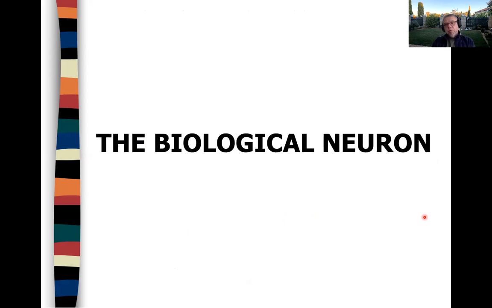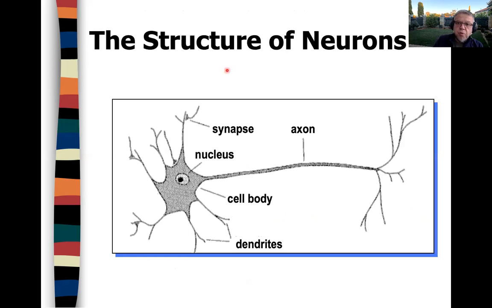Now, we talked about the topology, and we would like to talk about the neuron, but before we go to the artificial neuron, let's look at the biological neuron. So the structure of the neuron that you find in the human brain would be, so you would have a cell.